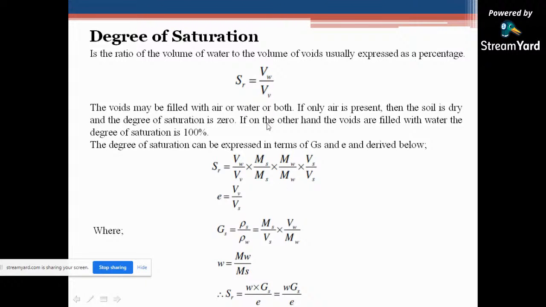Remember that the voids may be filled with air or water or both. If air is present, then the soil is dry, and the degree of saturation Sr is 0. On the other hand, if the voids are filled with water, the degree of saturation is 100. So sometimes it is dry and sometimes it is 100% saturated.